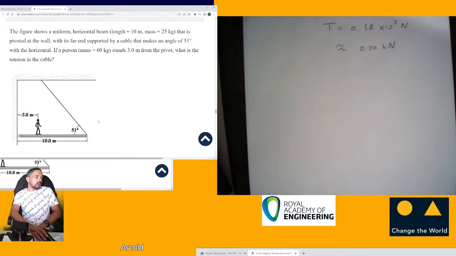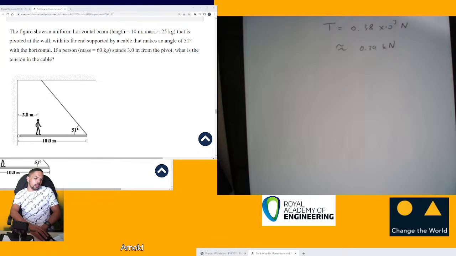They say the figure shows a uniform horizontal beam that is pivoted at the wall. So this is the wall on the side, and that round circle there is the pivot point. Does that answer your question?